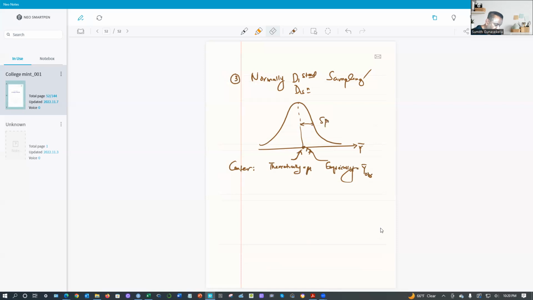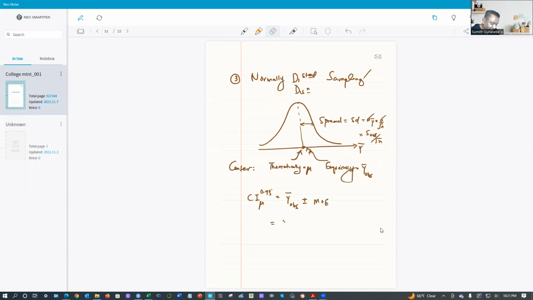Standard deviation, sigma of y bar, is sigma over square root of 10, or s over square root of 10. With the aid of this, you already know the confidence interval. The confidence interval for mu at 95% is nothing but y bar obs plus or minus the margin of error.